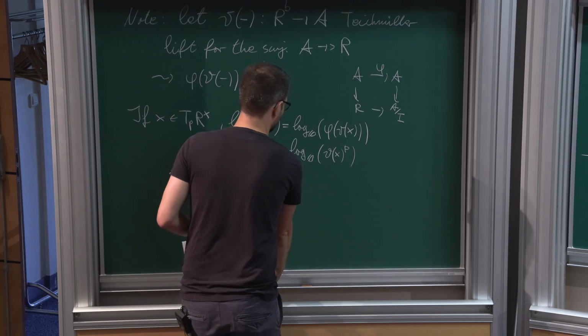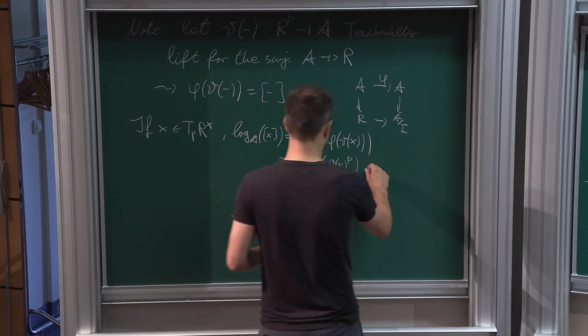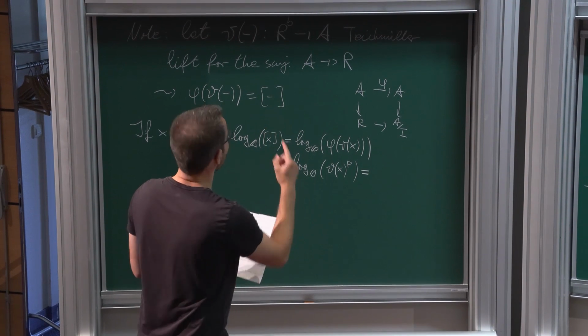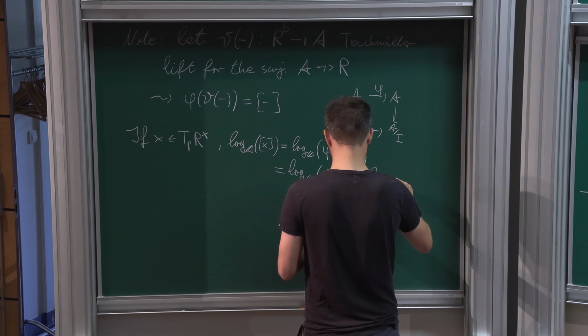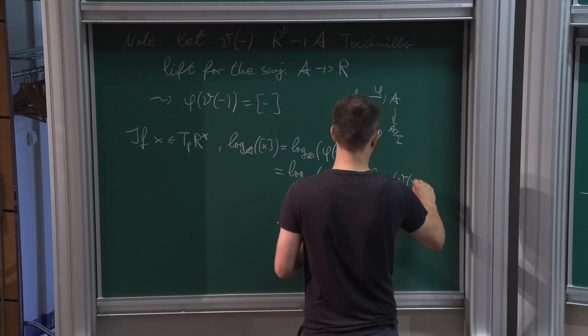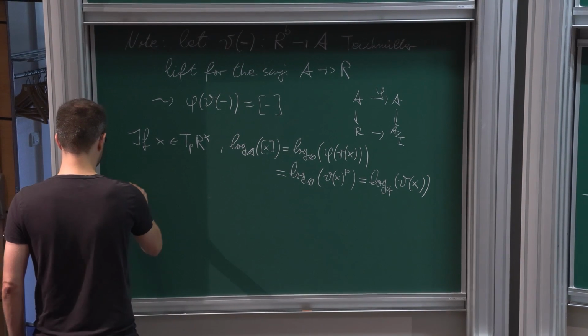And then, okay, one can use this equality over there and write this as log q of nu of x. And so this has the consequence.